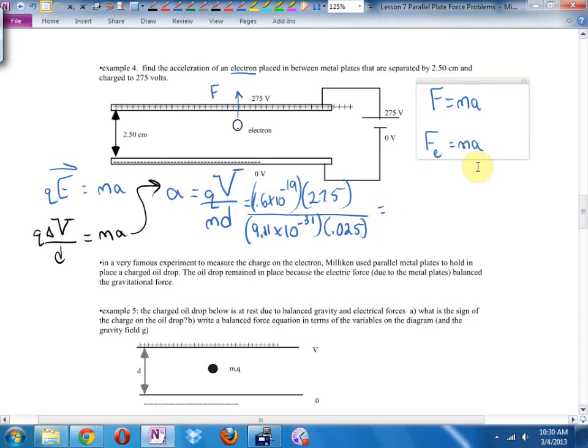Crunch the numbers and get a staggering acceleration. Make sure you put the bottom in brackets because there's more than one number down there.